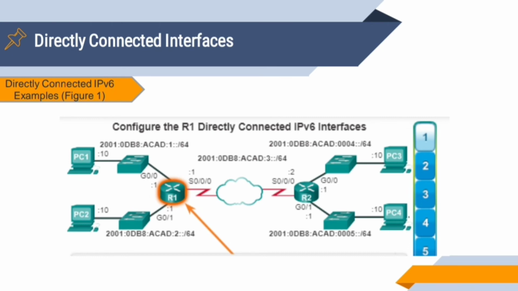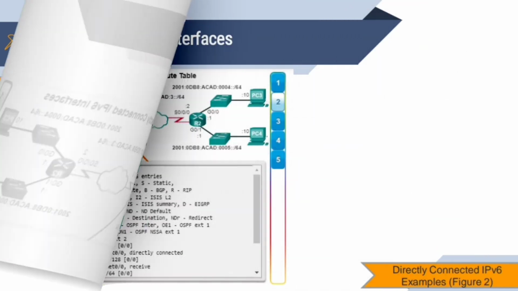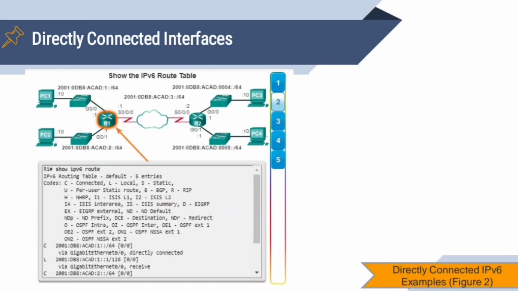Notice that the Layer 1 and Layer 2 informational messages are generated as each interface is configured and activated. Going on to the next figure, Figure 2 shows that the show ipv6 route command is used to verify that IPv6 networks and specific IPv6 interface addresses have been installed in the IPv6 routing table.